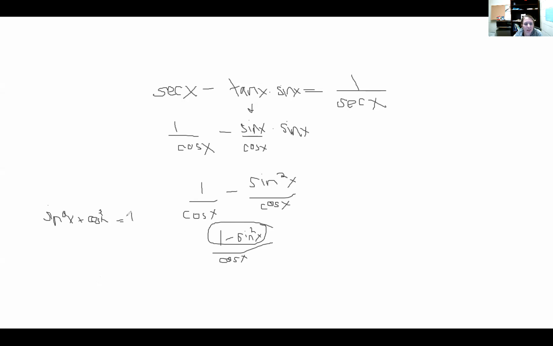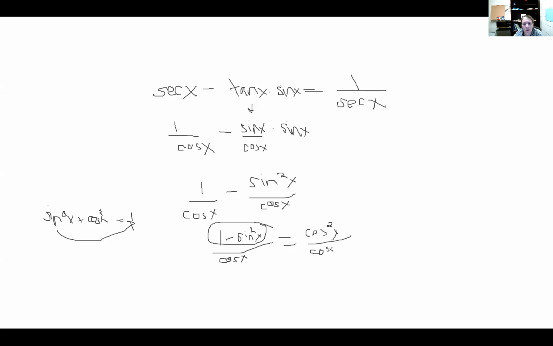So I did 1 minus sine squared. If you move this over here, that's going to be equal to cosine squared. So I end up with cosine squared of x over cosine.